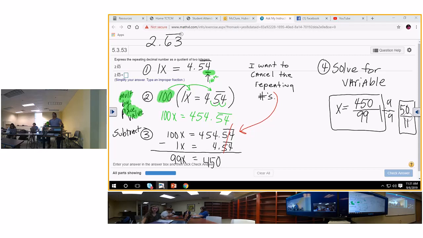So when I multiply by 100, I'm going to get 100x is equal to what? 263.63 repeating, and then I'm going to subtract them. This time, I'm not going to write out what I'm doing. I'm just going to do it and show you how it shouldn't take you too many steps.